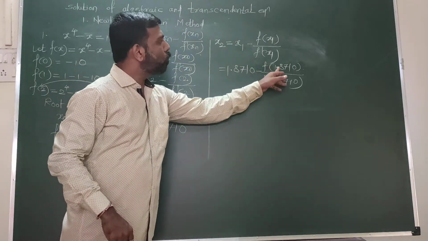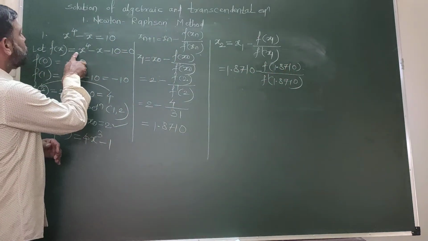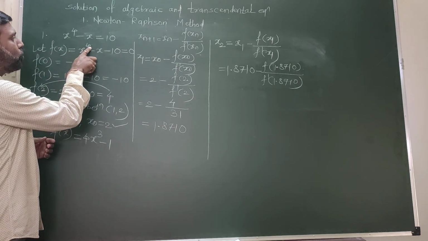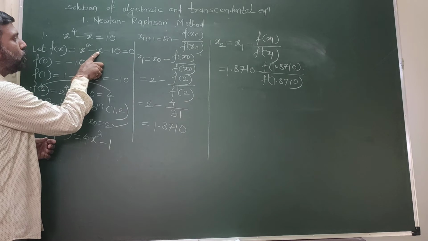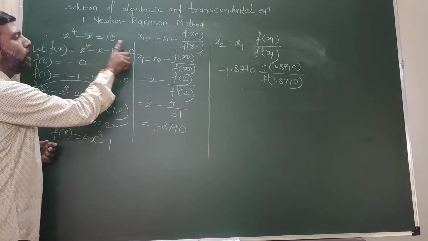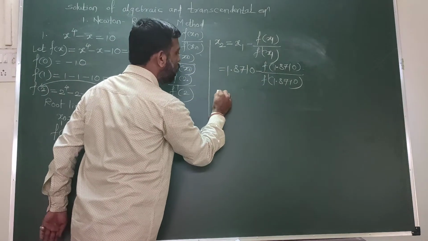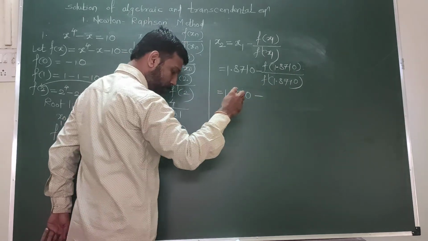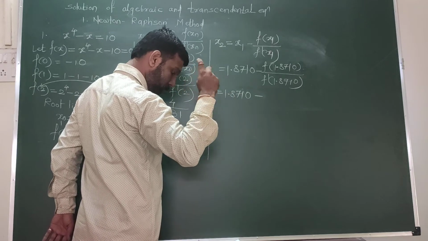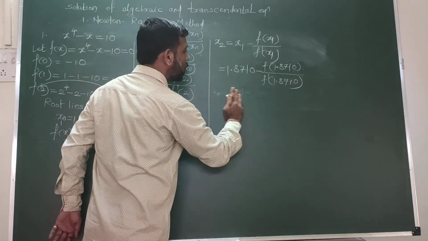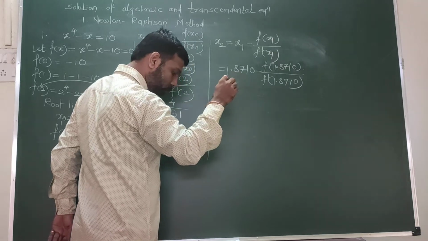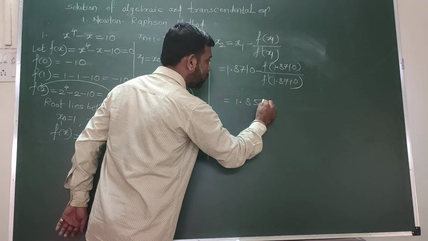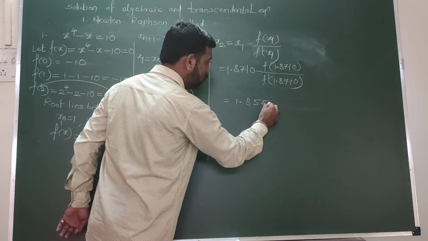Now f of 1.8710, substitute here in this polynomial: 1.8710 raised to 4 minus 1.8710 minus 10, and after calculation we have this value to be minus, approximately 1.8550.